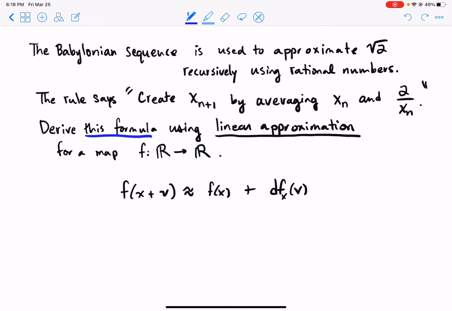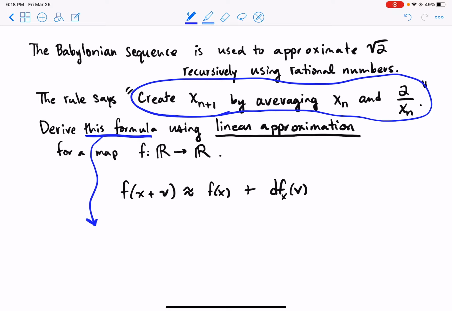So derive this formula, what formula? In words, here it is. It's this formula in words. But in formulas, it is 1/2 of x_n plus 2 over x_n. Okay? That is the average.